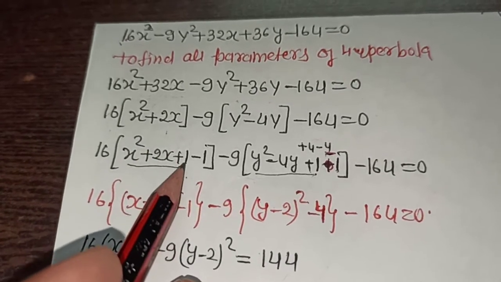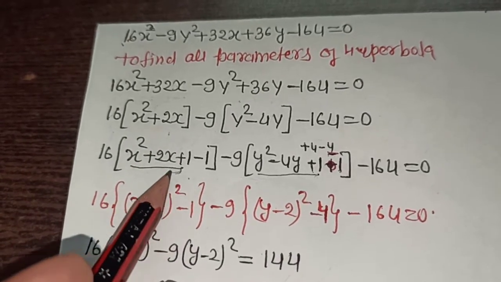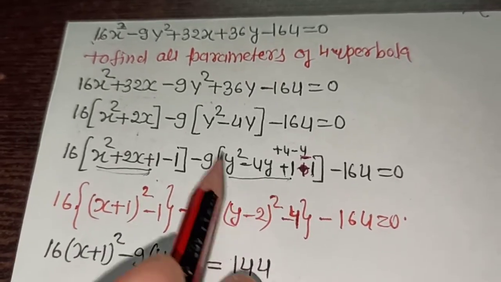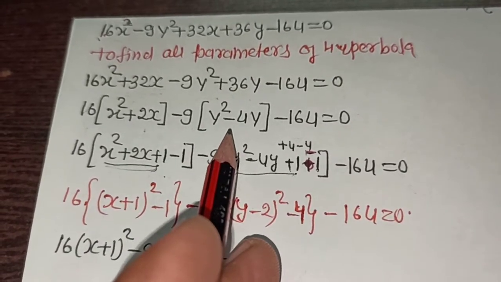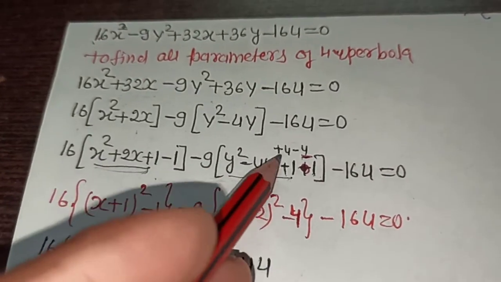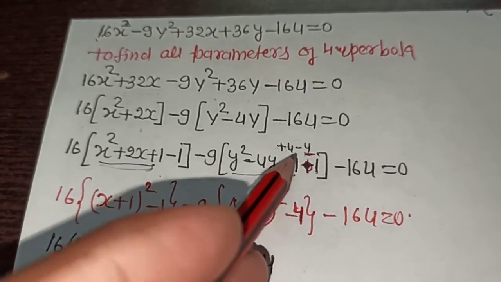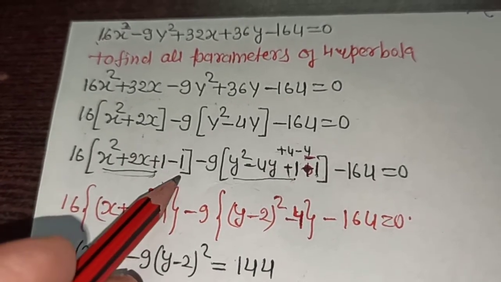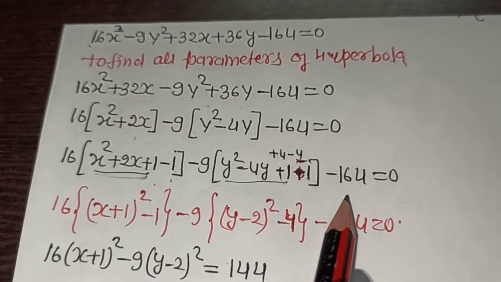So we will add plus 1 and minus 1, that's why we will convert this into x plus 1 whole square, and this time we will convert this completing square by using plus 4 and minus 4 over here. You can see that I am using plus 4 and minus 4, the equation is balanced. I am adding plus 1 minus 1, again the equation is balanced, and it will remain the same.